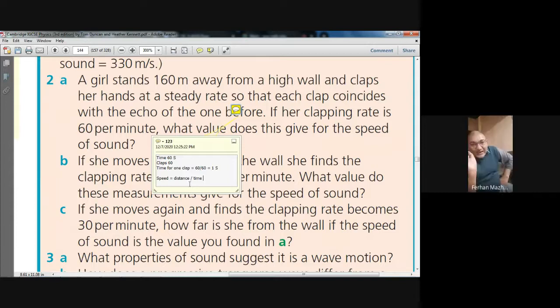The total distance covered is 160 plus 160, that is 320, and the time taken is 1 second. So the speed will be 320 meters per second.